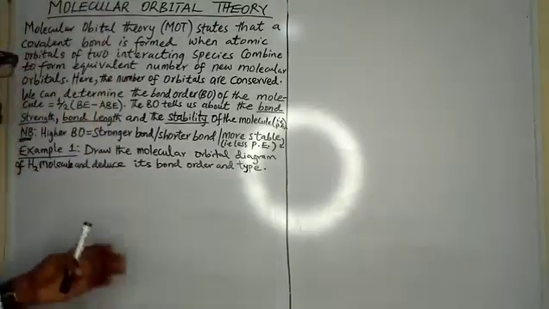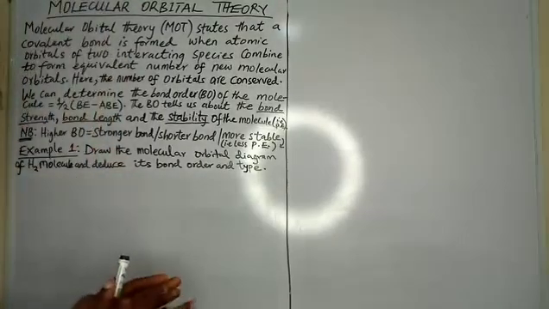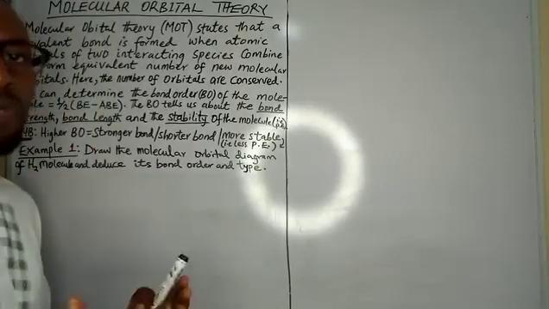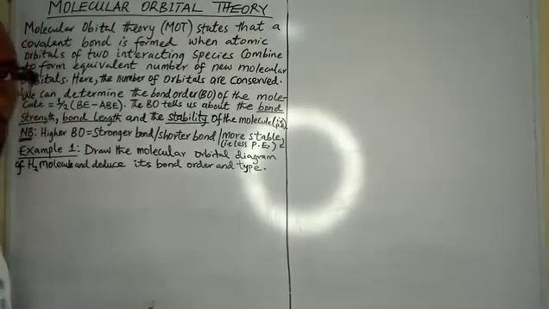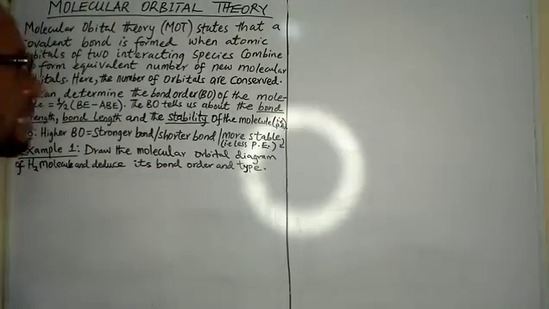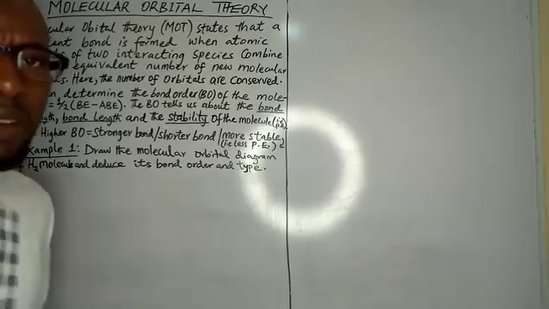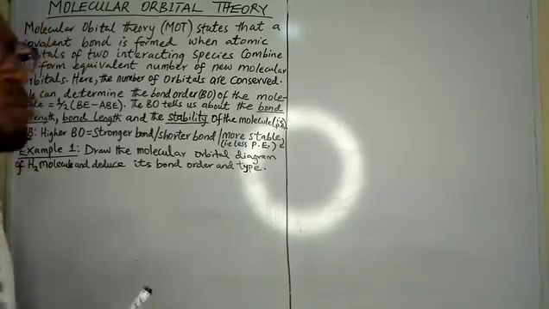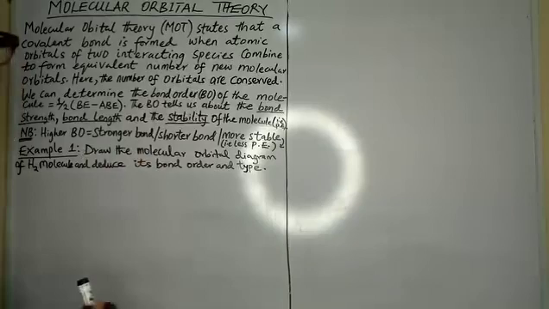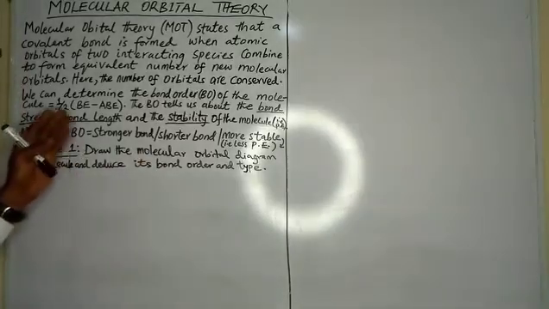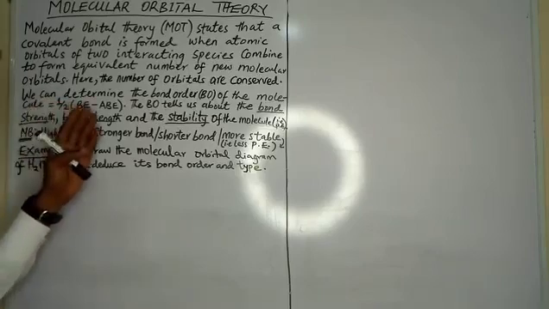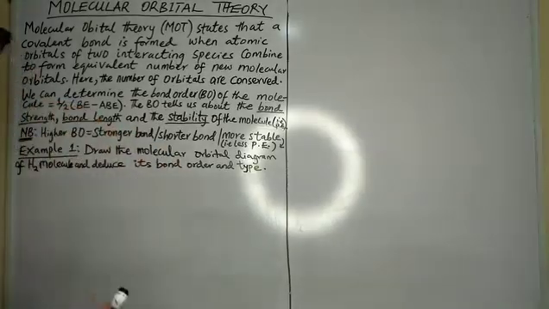Nice. So when you are able to depict what we call the molecular orbital diagram of a given molecule of interest, from that diagram you can deduce the bond order of that particular covalent molecule, using this formula: half of the bonding electrons minus the anti-bonding electrons.